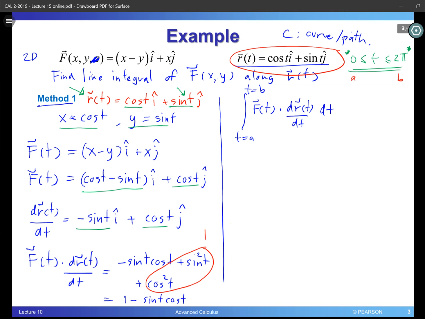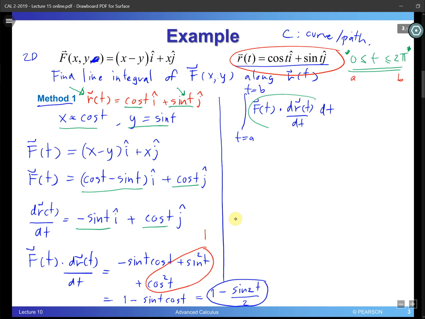So what about I change this into just one term, and this is equal to 1 minus sine of 2t using the trigonometry property. So you get sine 2t over 2. Alright, this is going to be the thing that we put into here.